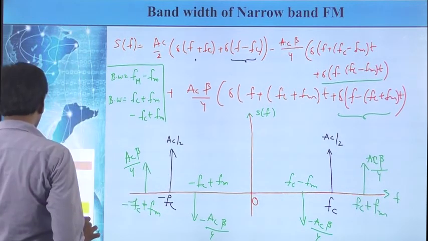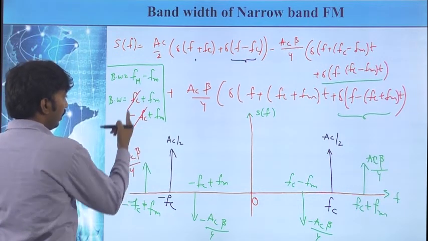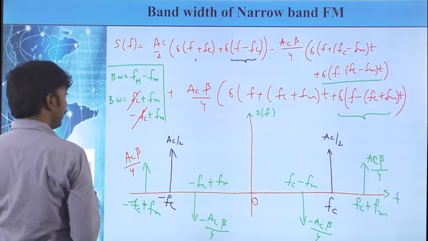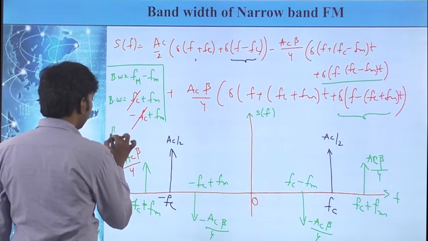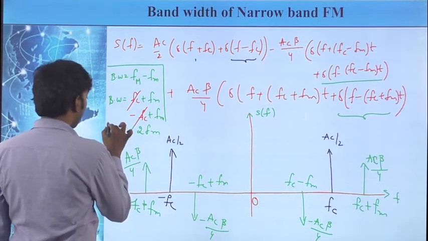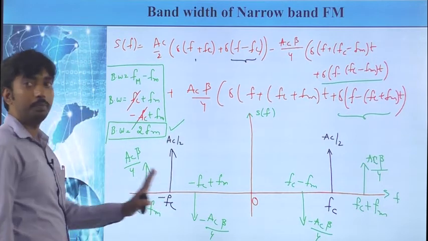Now what will be ruled out here? Fc minus Fc will be cancelled. Now what is the bandwidth here? The bandwidth is equal to 2Fm. So bandwidth I can calculate from the spectrum.